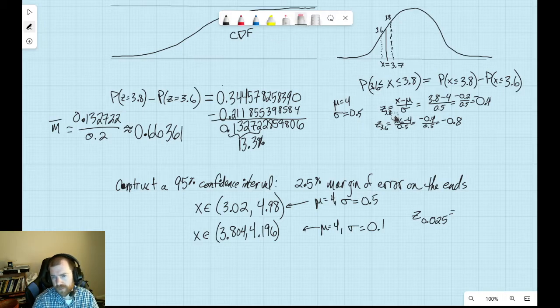Yeah, so actually this is backwards from how I wrote it before. Z of what is going to get us 0.025, right?